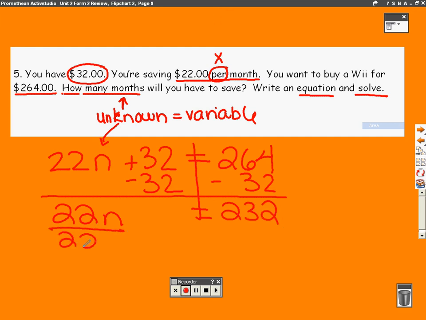Divide by 22 on both sides. And when we divide by 22, we end up with about, doesn't work out even, 10.5. But because we need to know how many months, and we won't have enough money at 10 months, we'll need to save for 11 months in order to get the Wii.